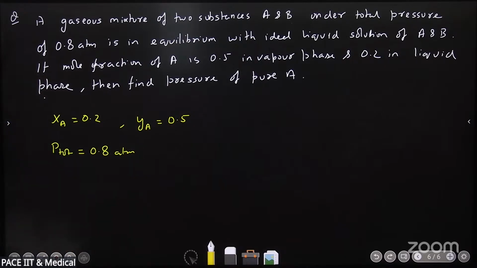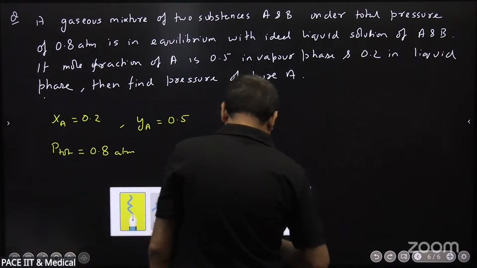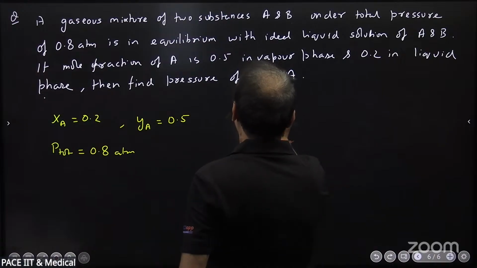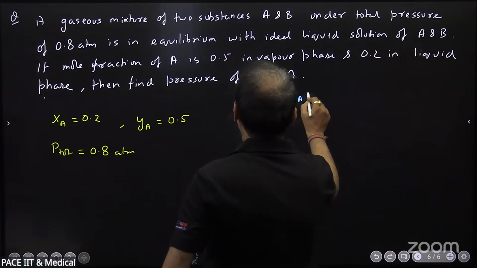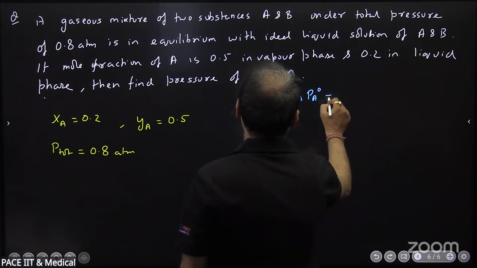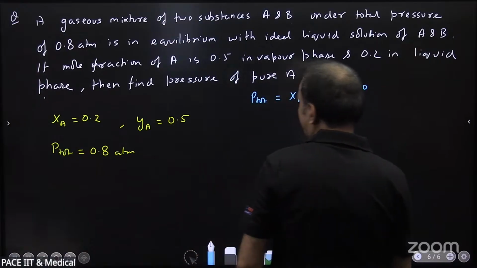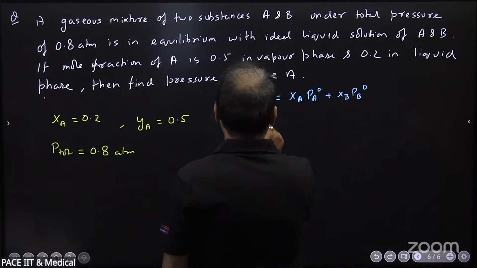So let's apply all things in various equations. So the first equation I can write that P total is XA PA naught plus XB PB naught. P total is given 0.8.